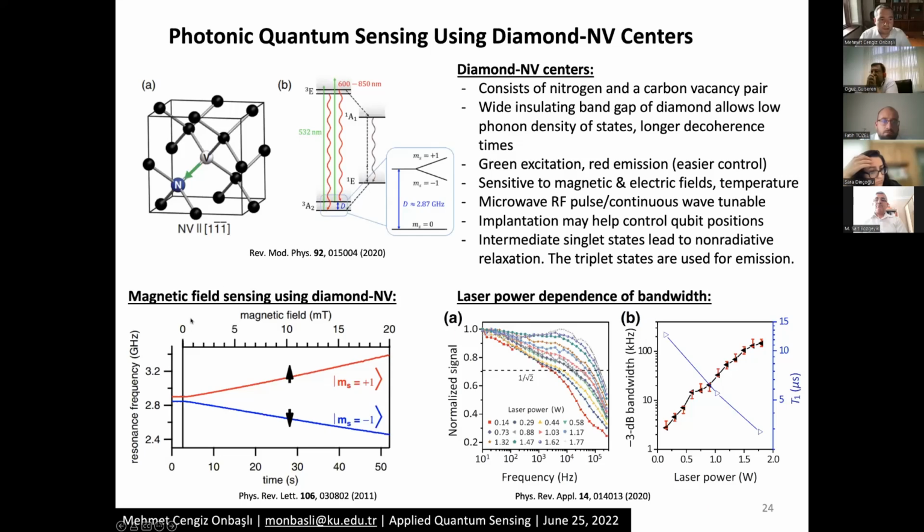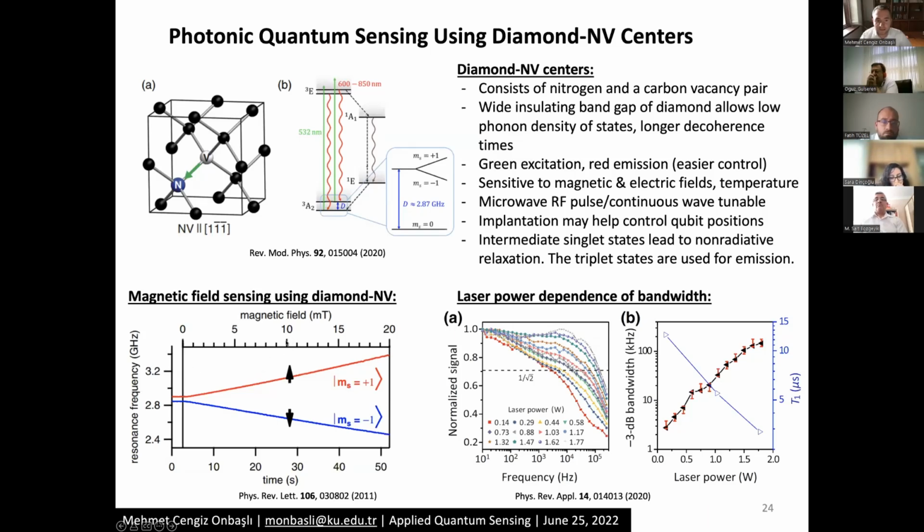And what people did is they applied an external magnetic field and observed the changes in the plus and minus 1 states of the triplet ground states. And through microwave spectroscopy, meaning transmission of our input microwave pulses and reading of the transmitted microwave frequencies, we can actually deduce which peak, which state actually absorbed the resonance.